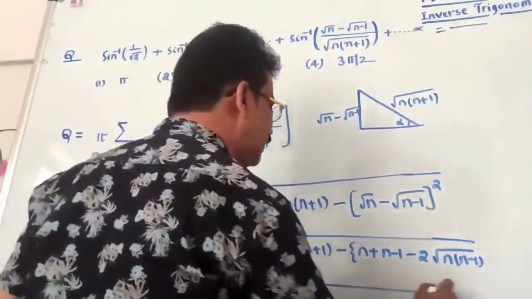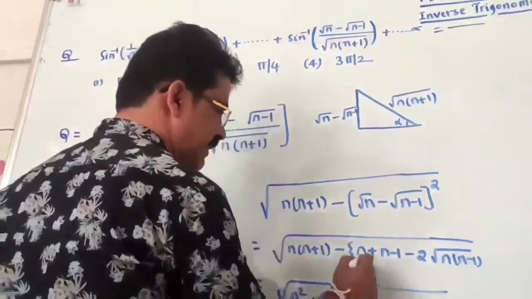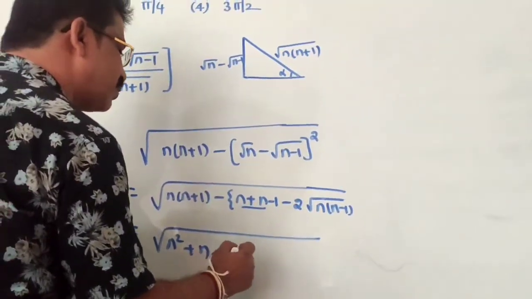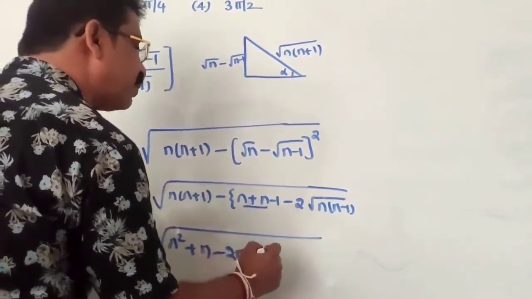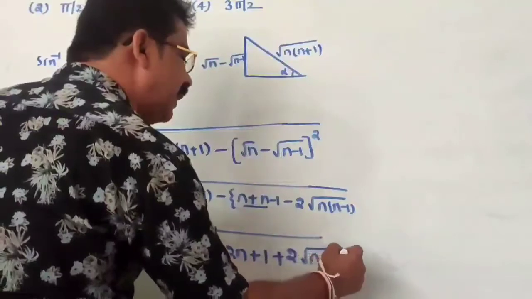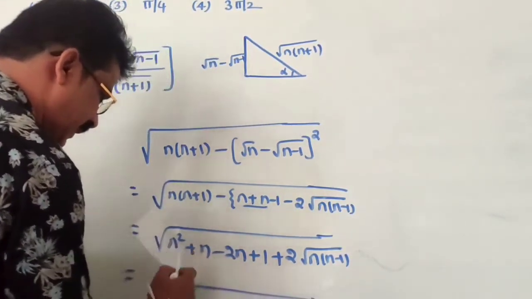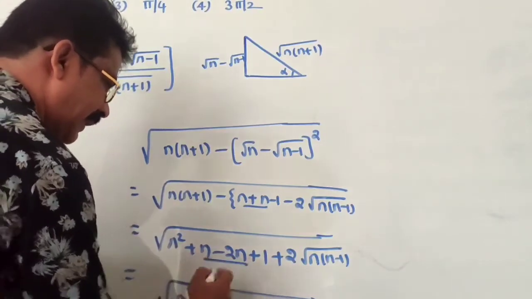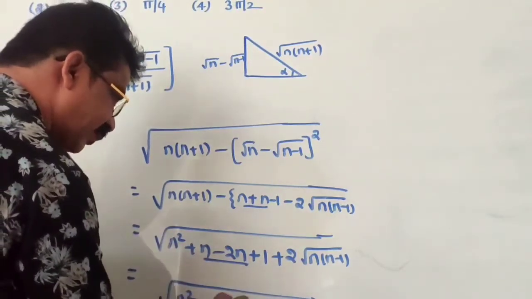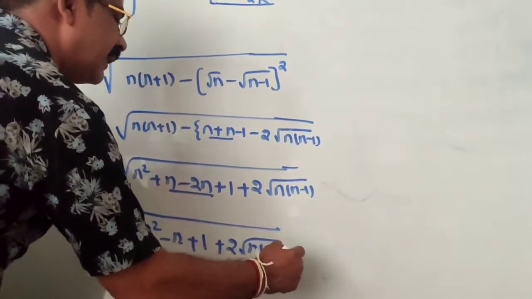So that is equal to square root of n square plus n minus n plus 1 plus 2 into square root of n into n minus 1. So that is equal to square root of n square, next minus n plus 1 plus 2 into square root of n into n minus 1.